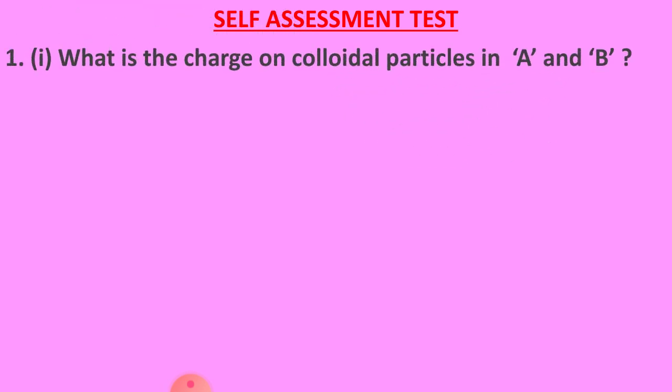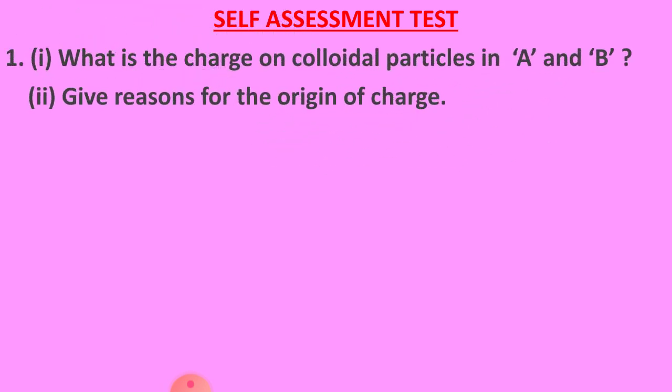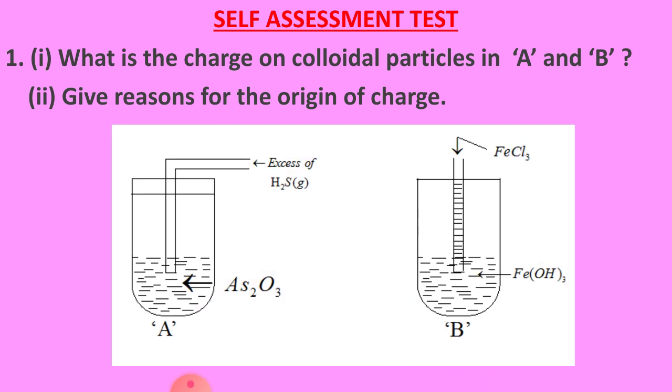Now students, a self-assessment test. This test you have to do by yourself. Here one question arises: what is the charge on the colloidal particles in A and B, and give the reason for the origin of charge. Their diagrams are given here, so look at the diagram properly. Here the test tube contains As2O3 and an excess of H2S gas is passed.